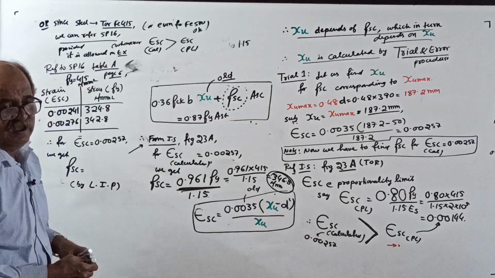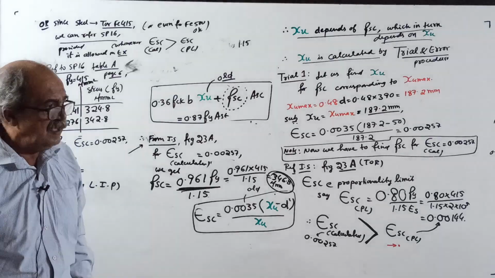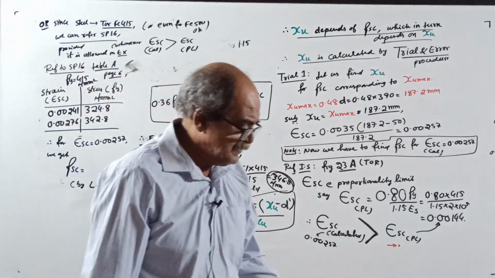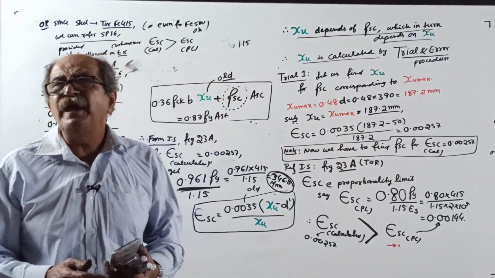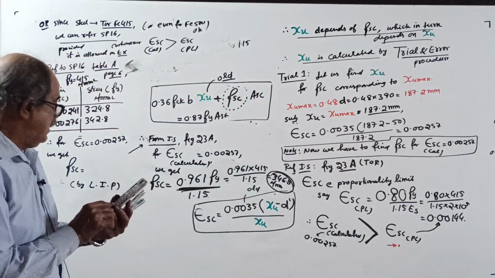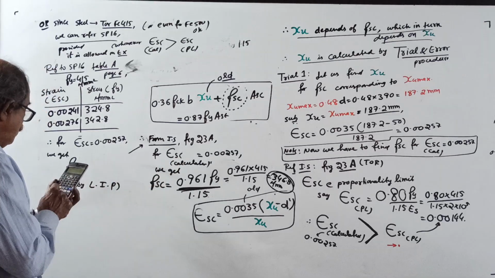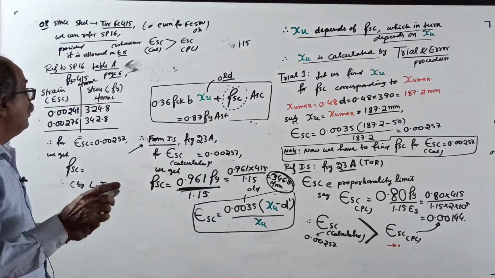Those who have difficulty can go to the playlist of my channel, go for mathematical concepts. There, see class number 3, where I thoroughly explained linear interpolation. Actually, I already got the answer. I will do it for paper side. See how I interpolate, don't worry.